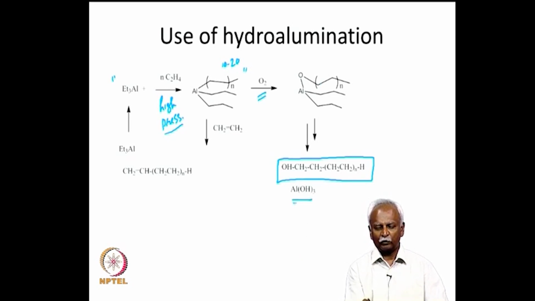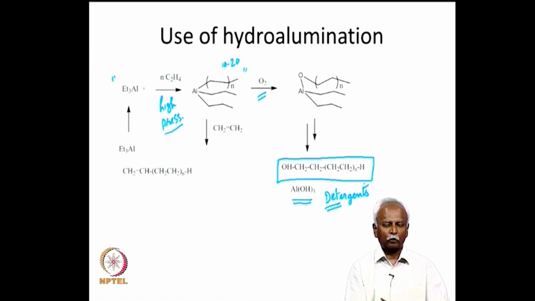So, this would end up with Al(OH)3 and the alcohol. These long chain alcohols are extremely useful in the industry for making detergents. So, these are extremely useful molecules for generating detergents.